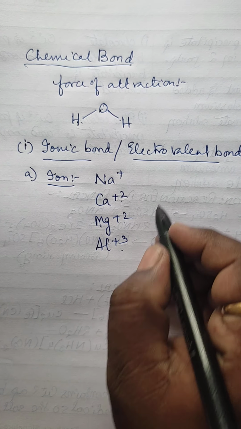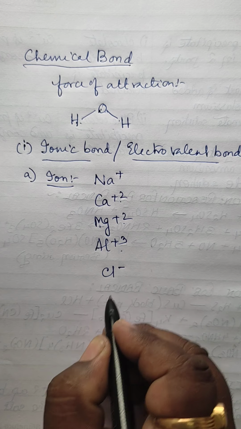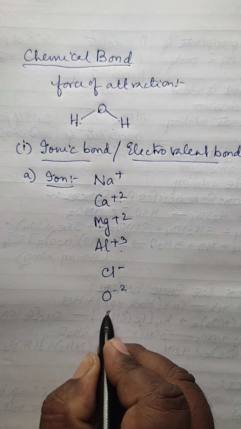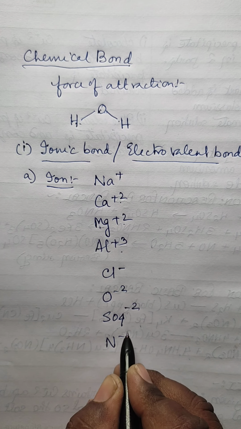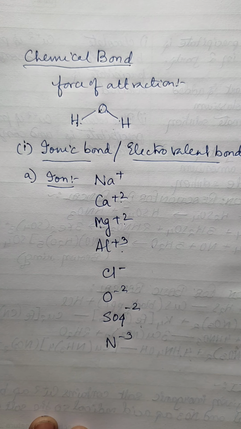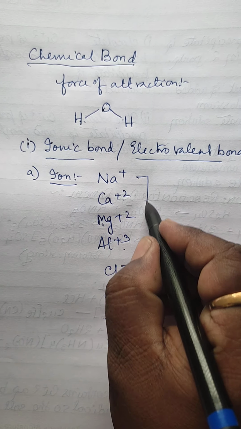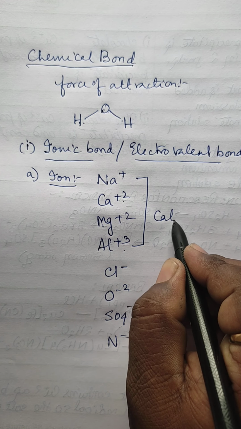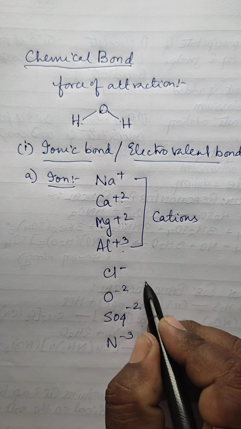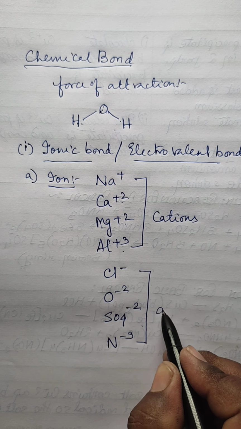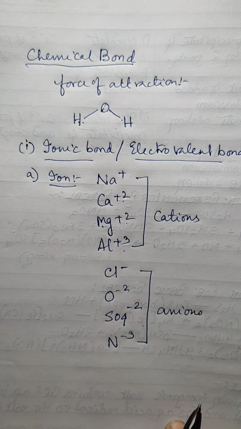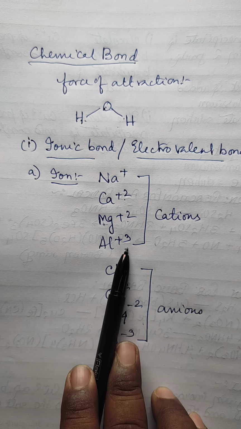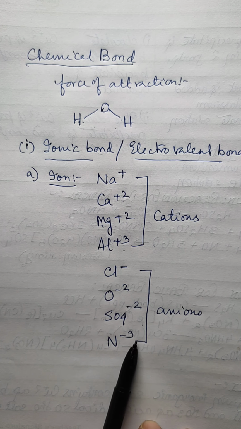Or we may have ions like Cl-, O2-, SO4 2-, N3-. Those ions which have a positive charge are called cations, and those which have a negative charge are called anions. I'm repeating once again, if the ions have a positive charge they are called cations. If they have a negative charge they are called anions.